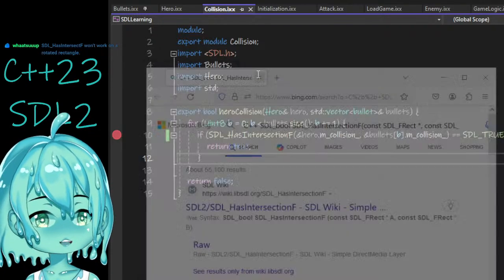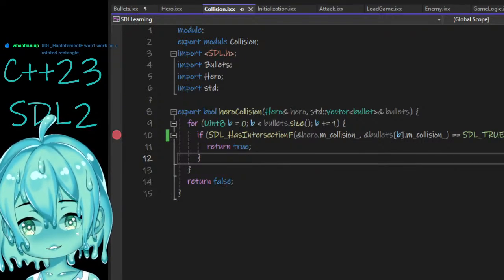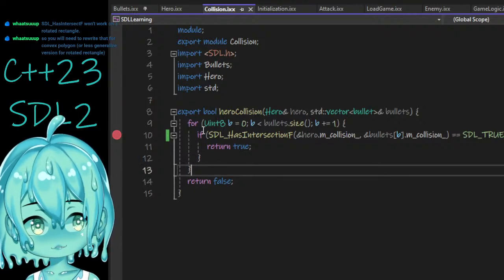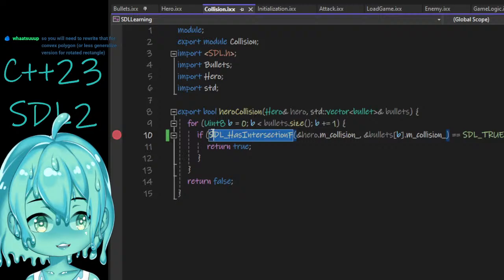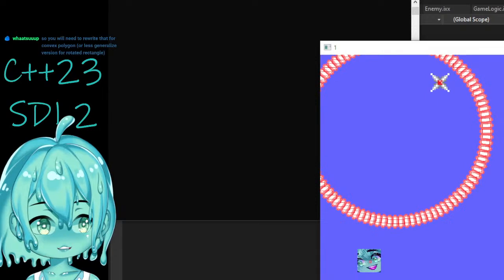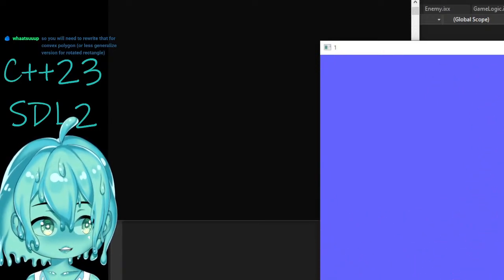Hold on. We might end up using that military paper. We might unironically end up using that military paper then, because even if we can rotate the collision box, we still can't check for collision. Downward bullets are a problem here, because sideways bullets are perfect.